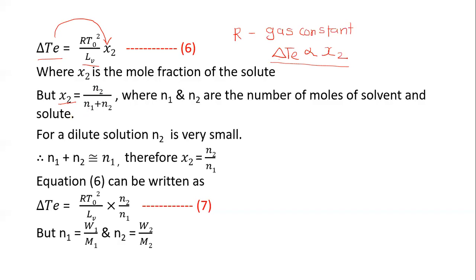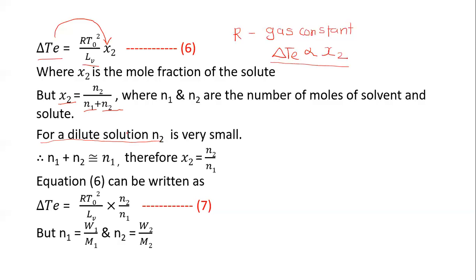So x2 is equal to n2 upon n1 plus n2, where n1 and n2 are the number of moles of the solvent and solute. Now once again for the dilute solution, because we are talking every time about dilute solution.